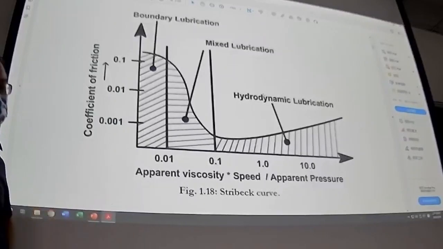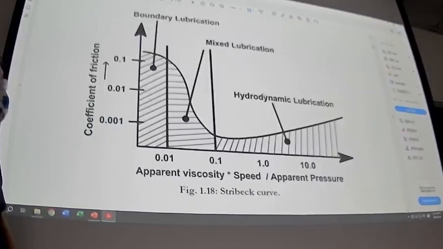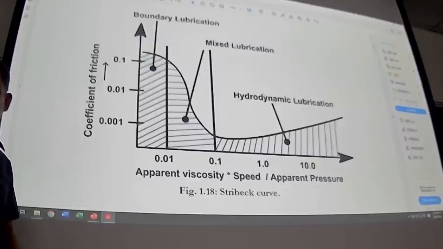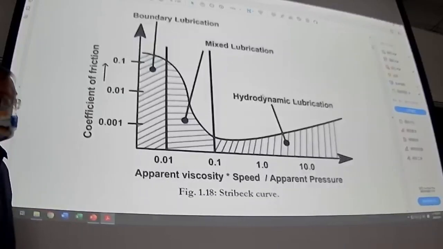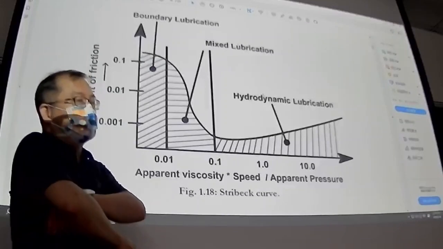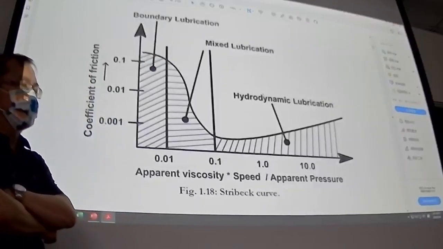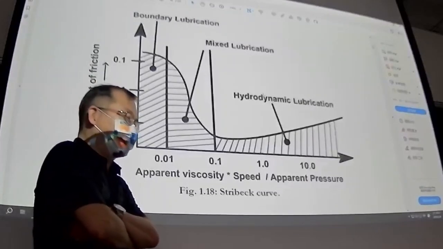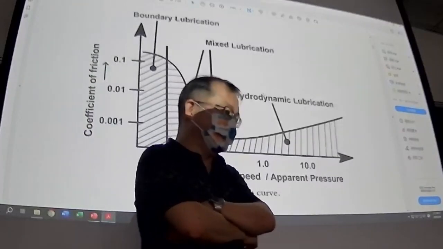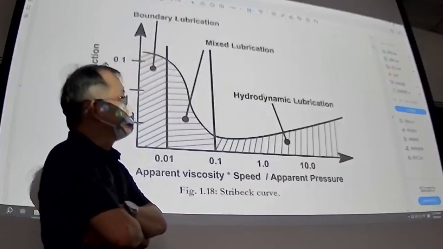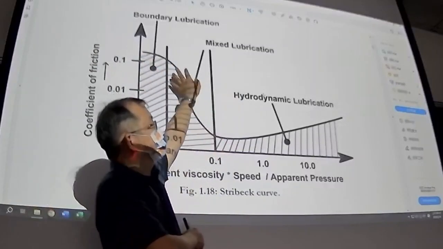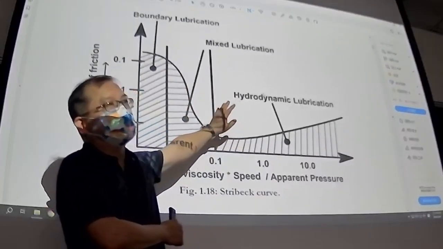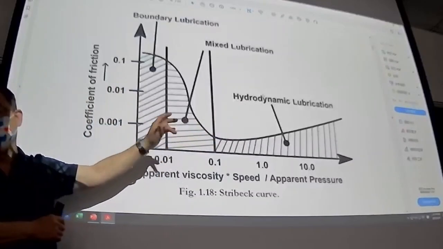Most of the formulas or theory from tribology are obtained by experiment. So with different materials, we have different results. Everybody has his own opinion. That's why some say you have three different categories, some say you have four. It doesn't matter. It depends on what kind of material you are talking about.